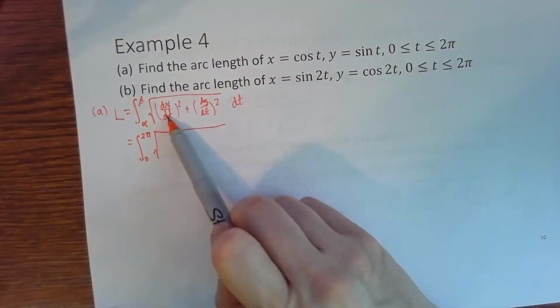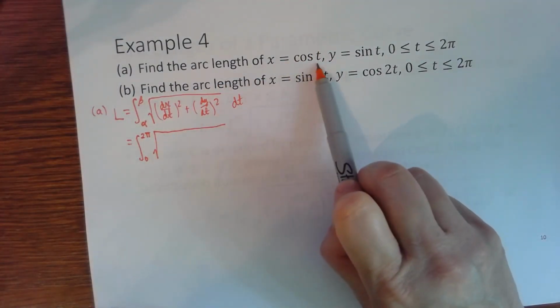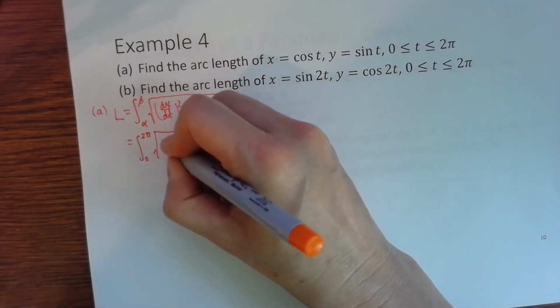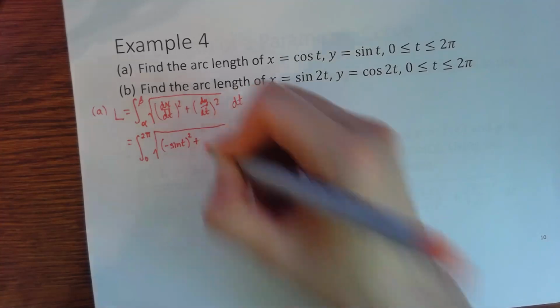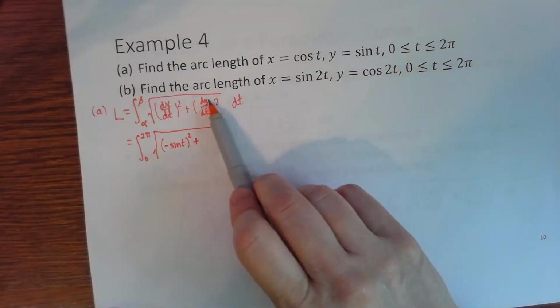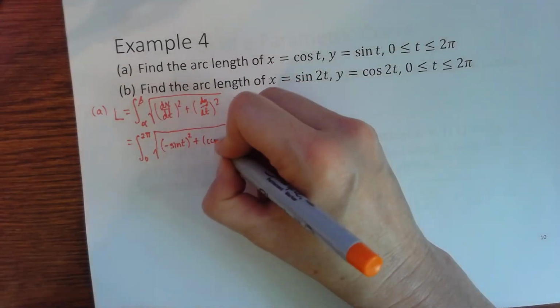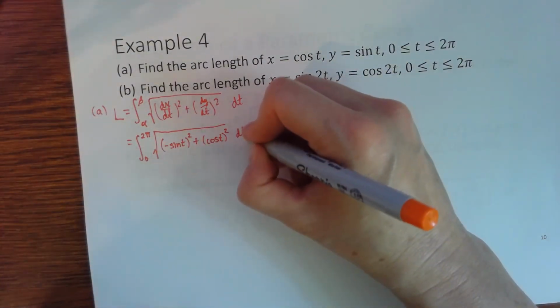And then dx dt, well, that will be the derivative of cosine, which is negative sine of t. Now we have to square that. And then dy dt, so the derivative, or dy dt, is going to be cosine of t. And we got to square that, dt.